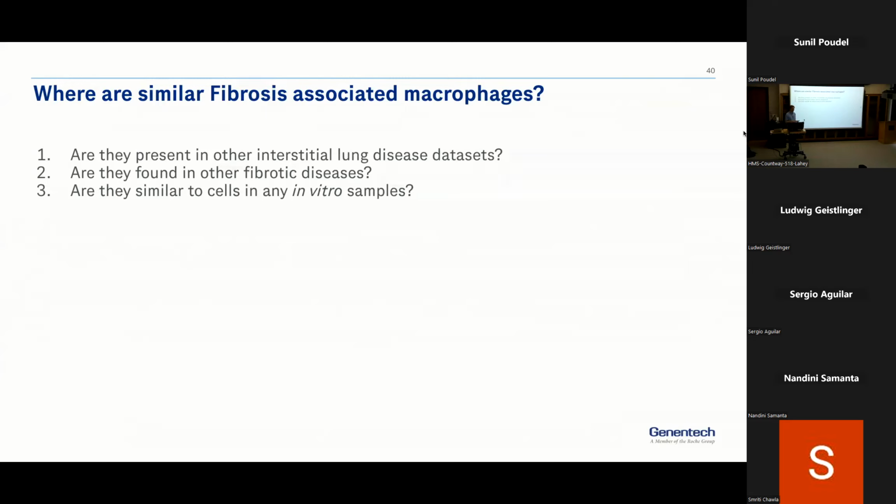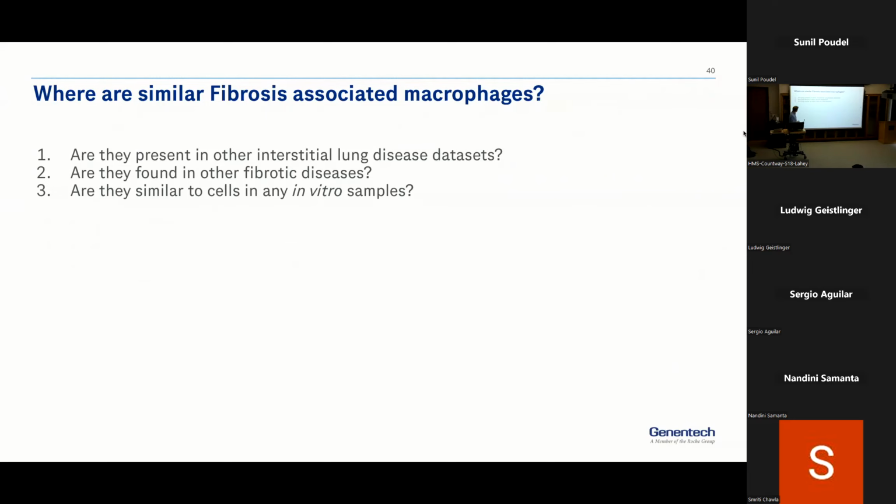Because if they're just in ours, maybe it's some technical artifact, I don't know, probably not worth developing a drug for. And then another question is, we have hypotheses, but we don't know exactly what role these play in fibrosis. So are there instances of fibrotic diseases without these cells? Or do they appear every time there's fibrosis?